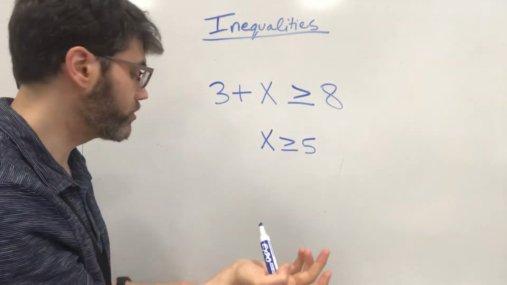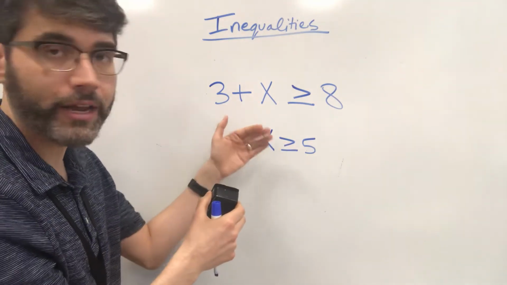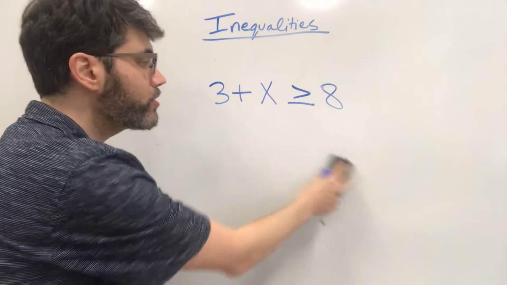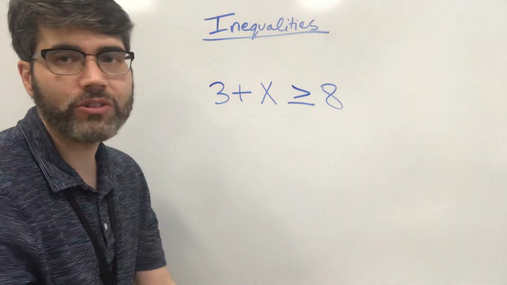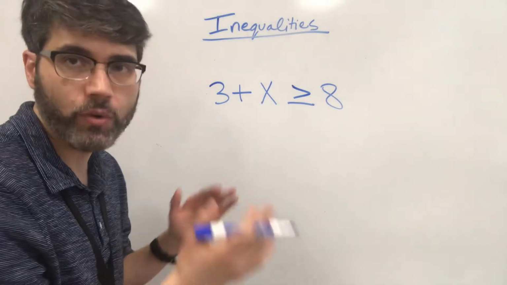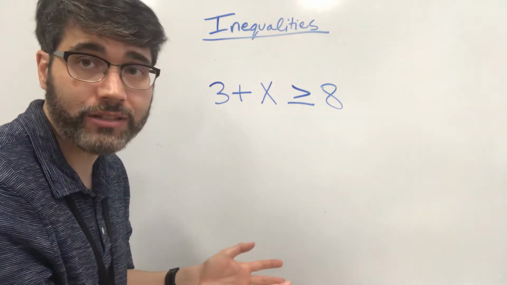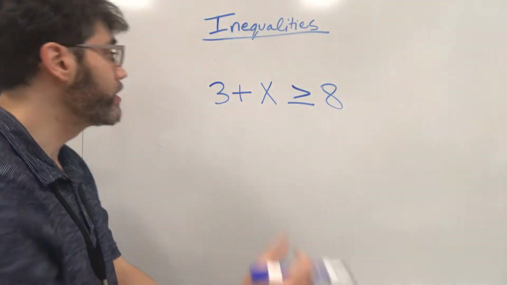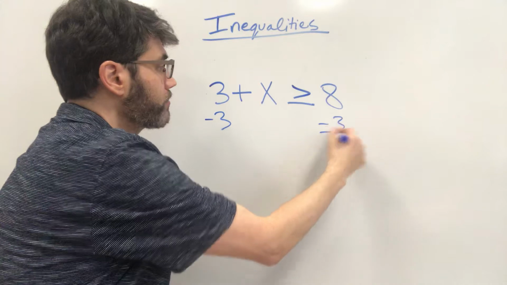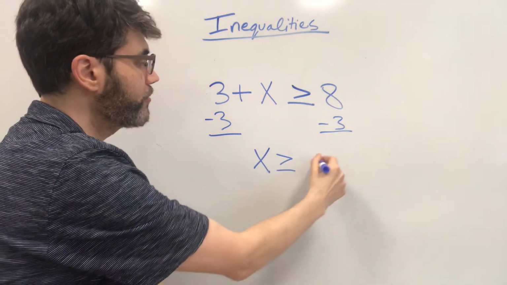The way that we would solve it algebraically, we did it intuitively here because we could kind of see it, but the way that you solve it algebraically is the same way that you solve all the equations that we've had up to this point. You use your property of equality, do the same thing to one side that you do to the other, and isolate x or whatever variable we have. So here we want to isolate x, so we subtract 3 from both sides, and we're left with x is greater than or equal to 5.